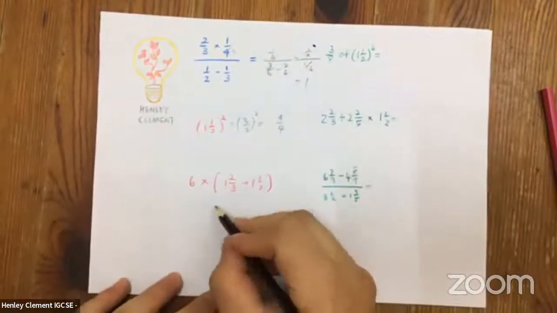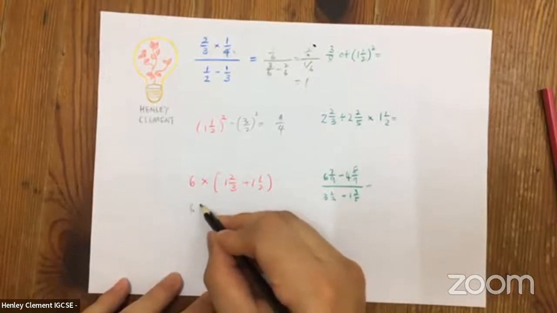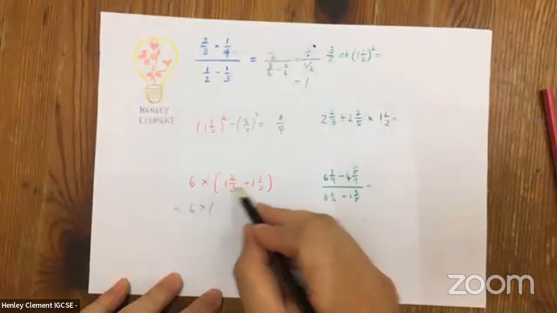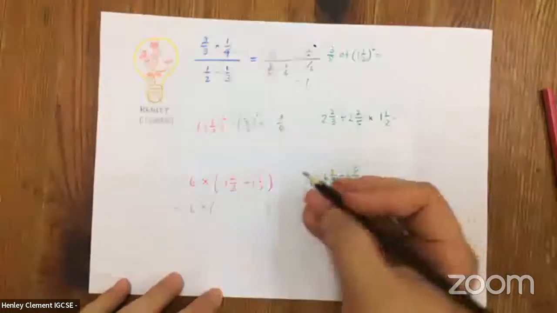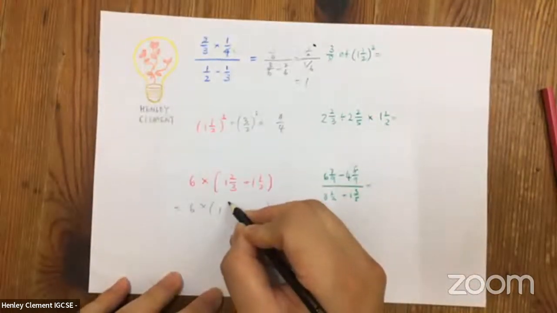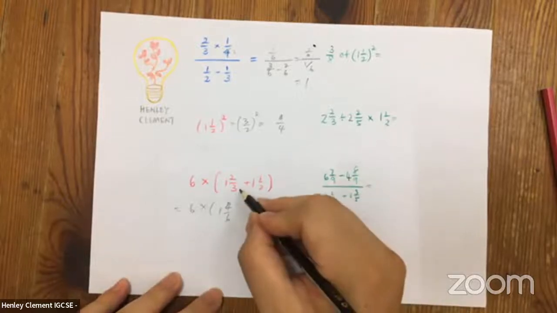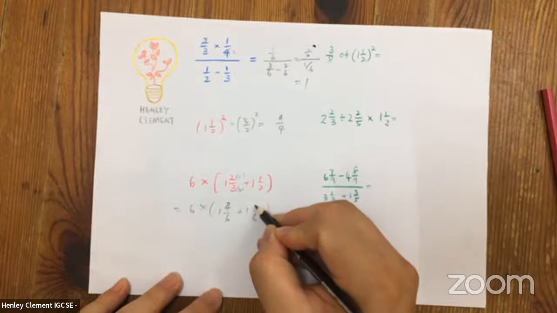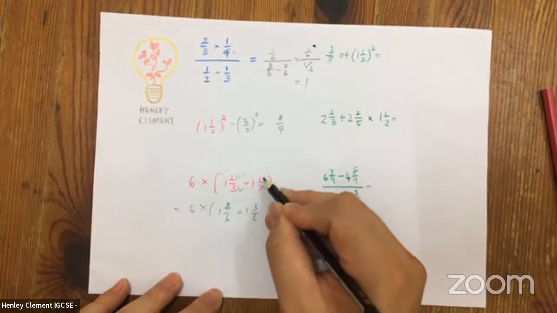Okay. For this one, doing the bracket first, 6 times this one. Okay. So we can change this one to the same denominator first. This is 1 and 4, 6 times 2. This one is 1 and 6, 3 times 3. Okay.